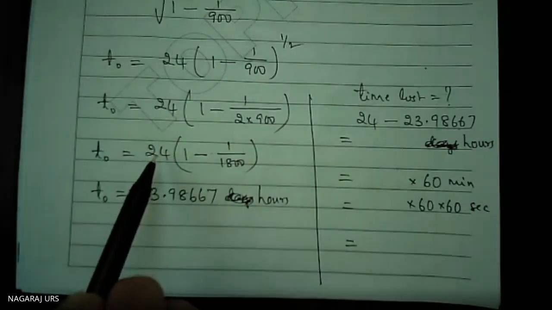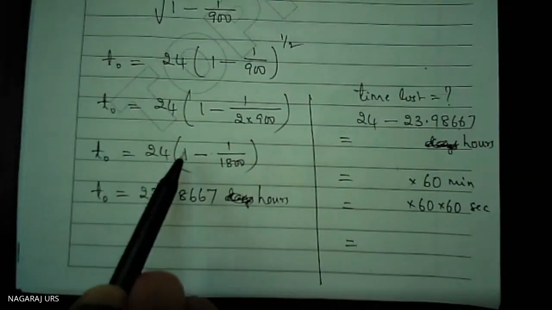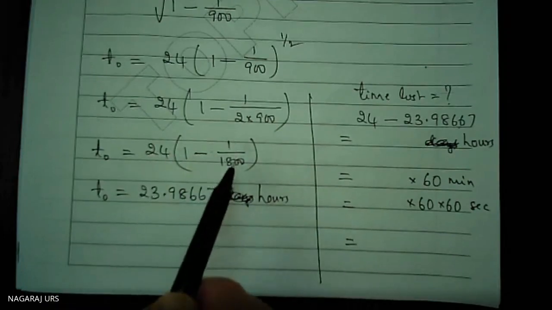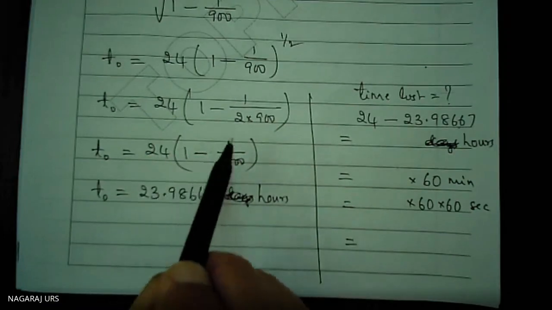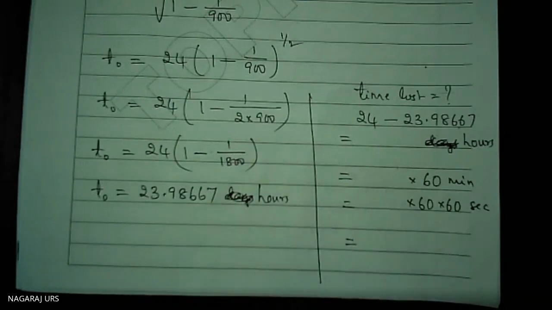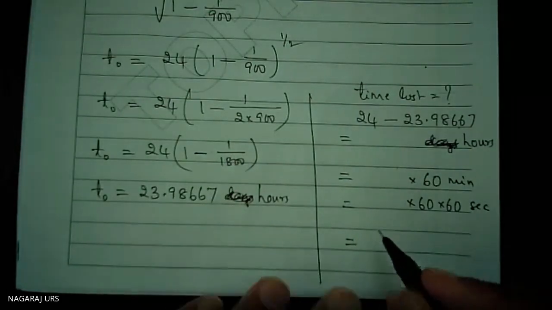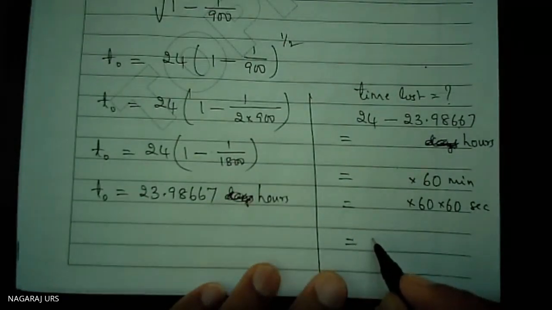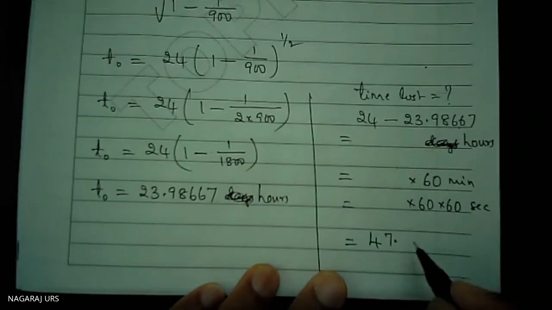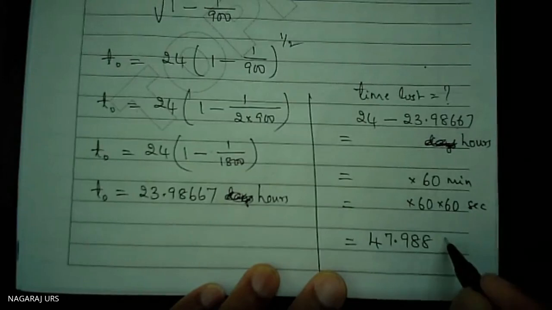Otherwise, here only we can consider 24. 24 minus 24 into that term, 24 minus something else is there now. That itself is the answer. Okay, how much are we getting here? 47.988 seconds.